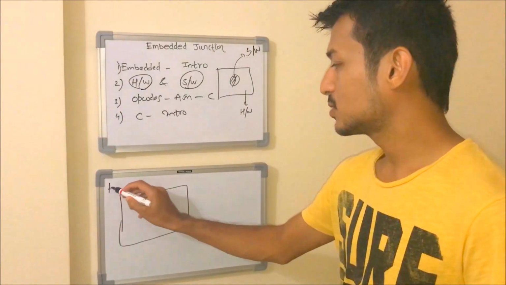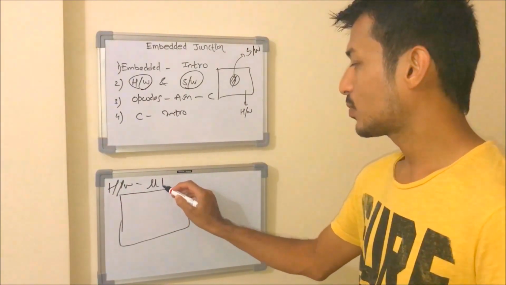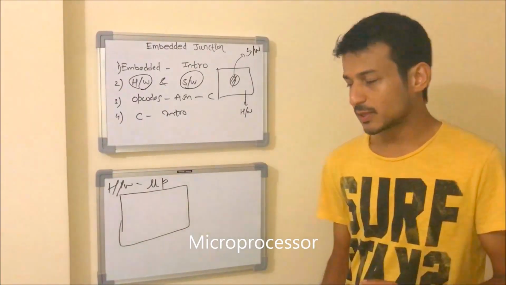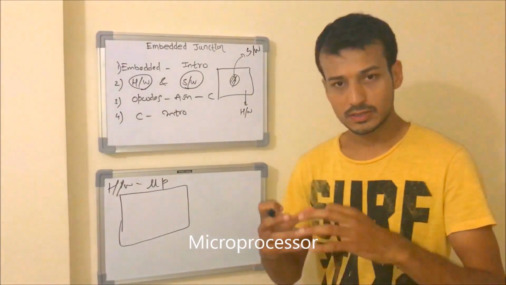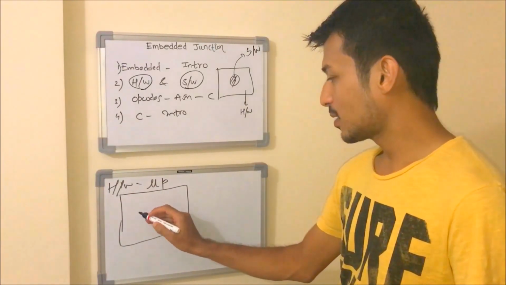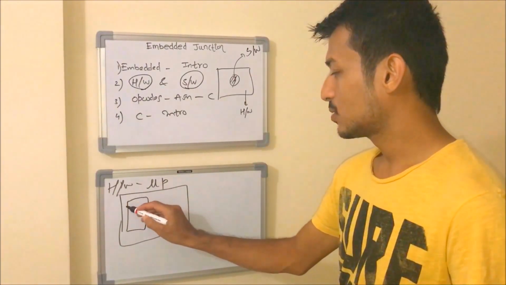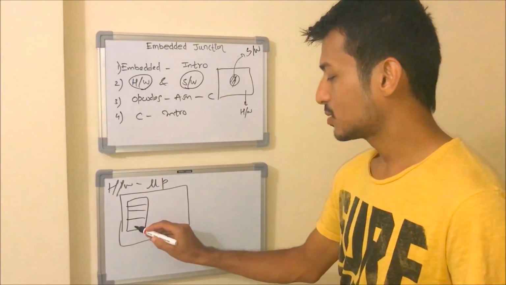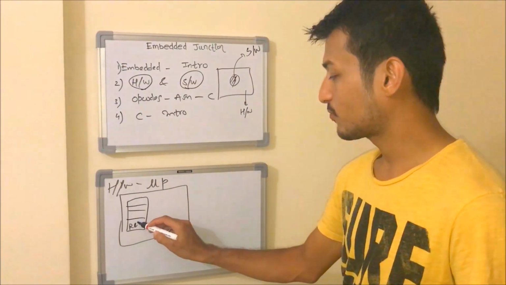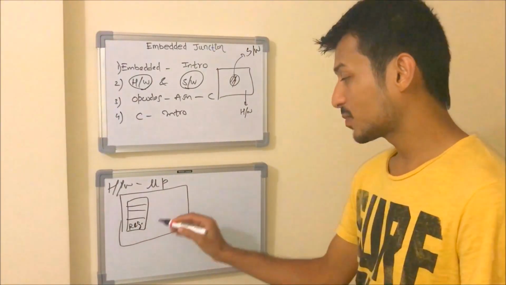So hardware, this is the hardware I am talking about, a microprocessor. A microprocessor is a single silicon chip which has internally so many components, like we have some registers, general purpose registers.